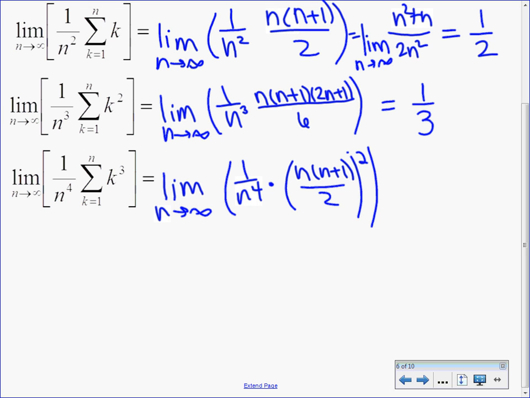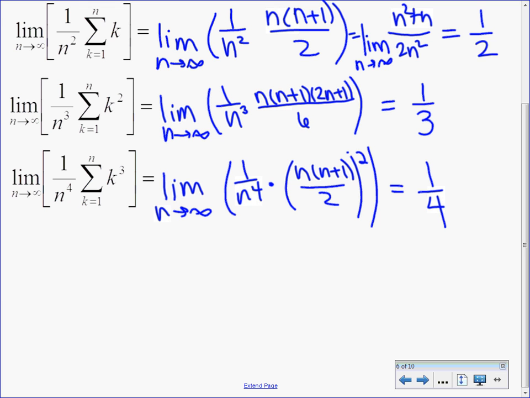So what's the degree up top? 4. The degree in the bottom? 4. What's the coefficient upstairs for n to the 4th? 1. Please wait for my question. What is the coefficient of n to the 4th downstairs? 4. So our limit is 1/4. Great job.